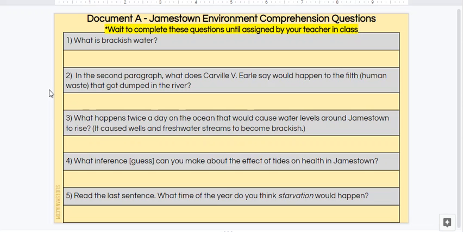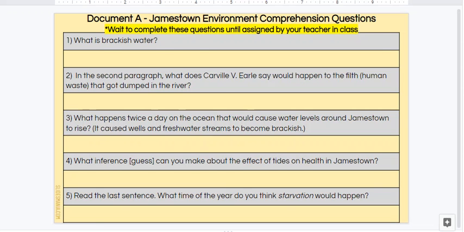It caused wells and freshwater streams to become brackish. What inference or guess can you make about the effect of tides on health in Jamestown? Read the last sentence. What time of year do you think starvation would happen?